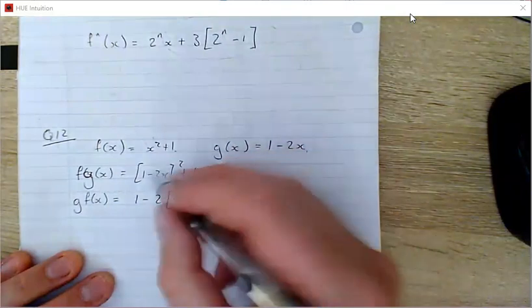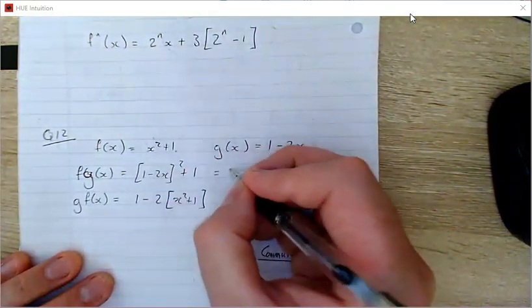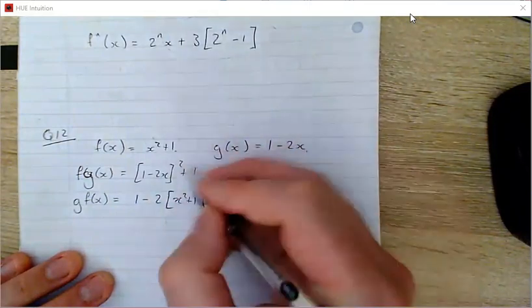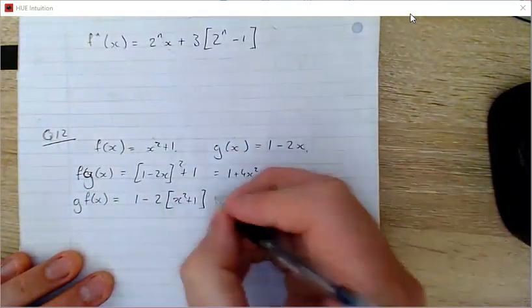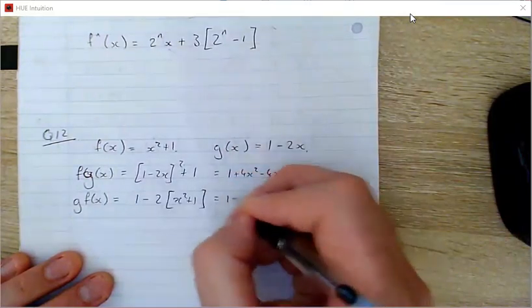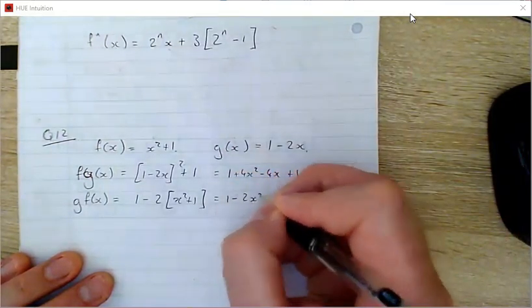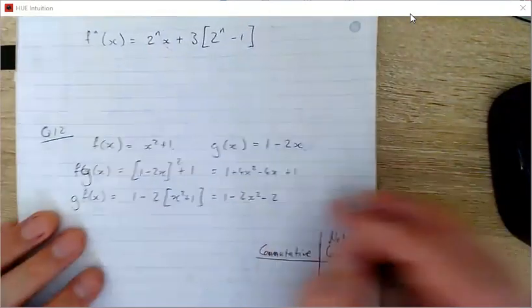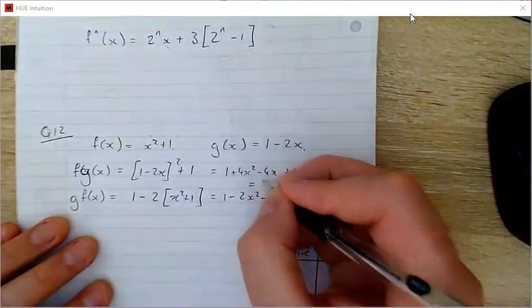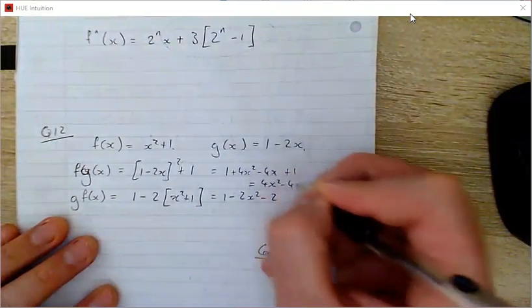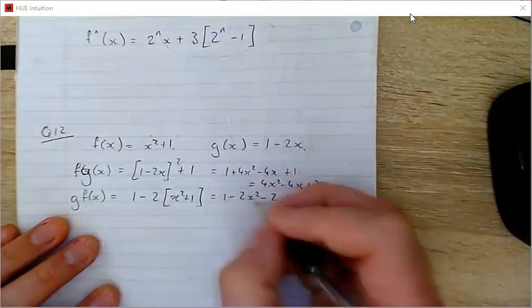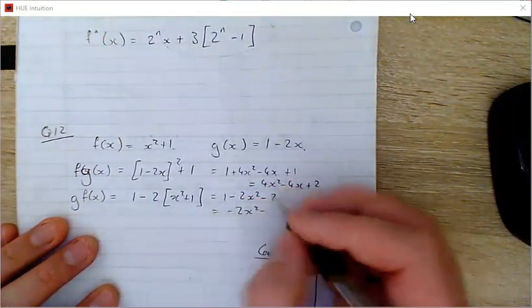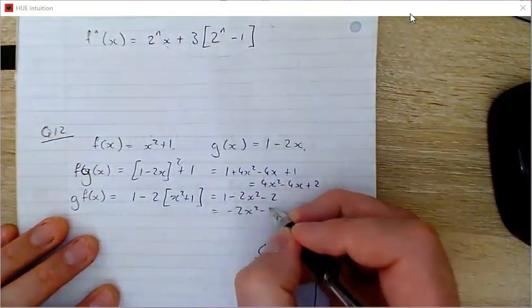So what you get here, square the first, square the second, twice the product gives me 1 plus 4x squared minus 4x, and then plus 1. Whereas this gives me 1 minus twice x squared minus 2. Okay, so up here, I'm getting 4x squared minus 4x plus 2, and down here, I'm getting minus 2x squared minus 1.